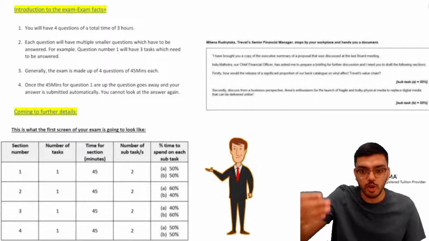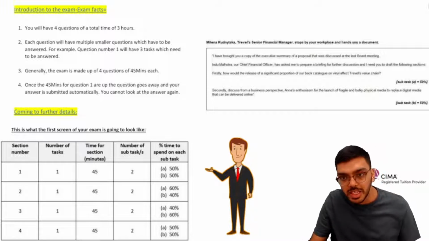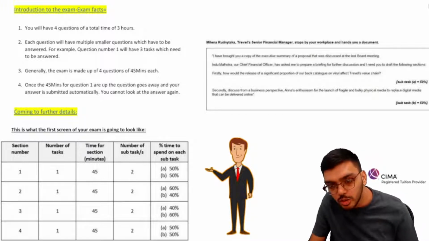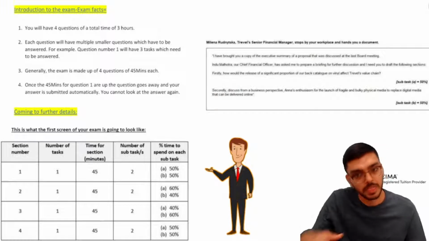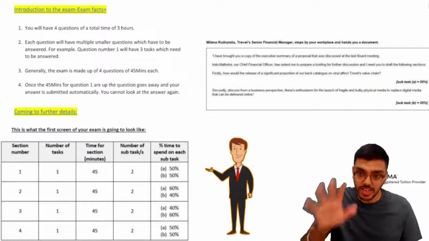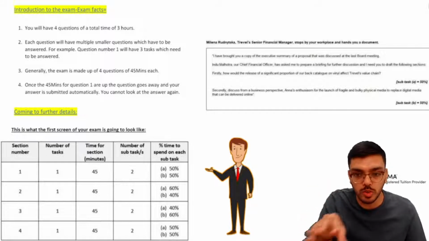The scenario will be given on top, and then this is what the question looks like. They're saying, firstly, tell me this, 50%. Secondly, give an answer to this, 50%. You see how it's broken down? That's all I want to show here. That is why I've purposely taken an image that is blurred, so that we focus on what I'm trying to drive.